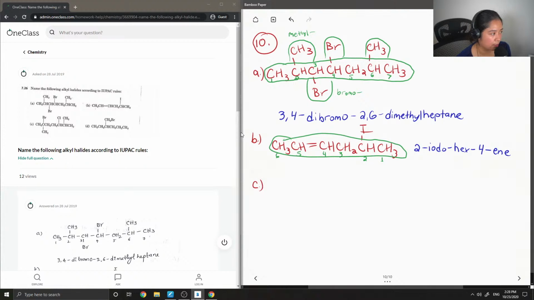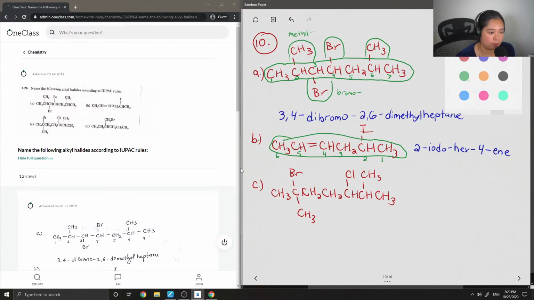Okay, so now let's look at C. Okay, so we have a bromine group and a methyl group here, a chlorine group up there, and then another methyl group there. So let's circle our parent chain.